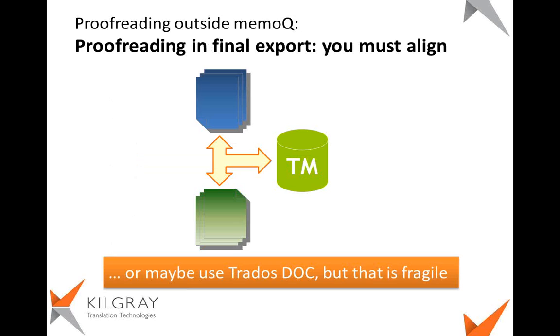And there's another problem that many translation jobs have, that the proofreading is done in the final export. Like the document gets exported to, well, Microsoft Word, PowerPoint, InDesign, HTML, whatever.